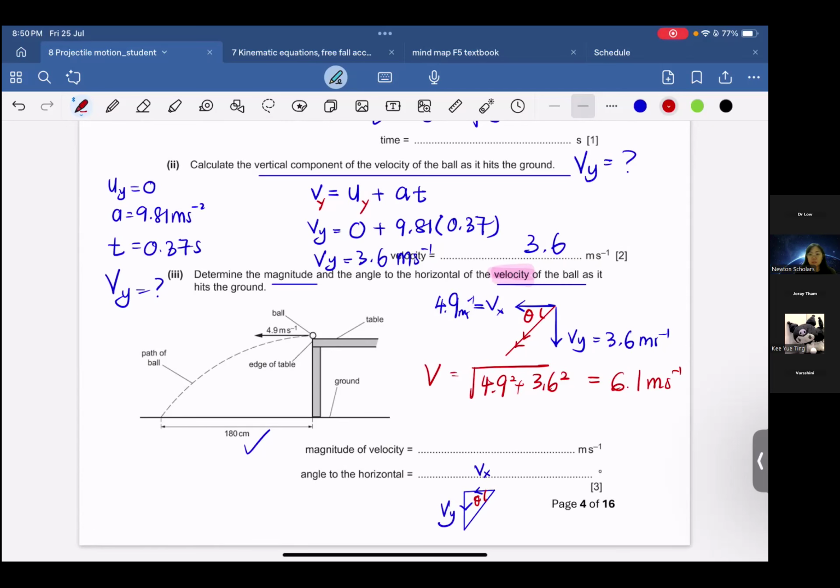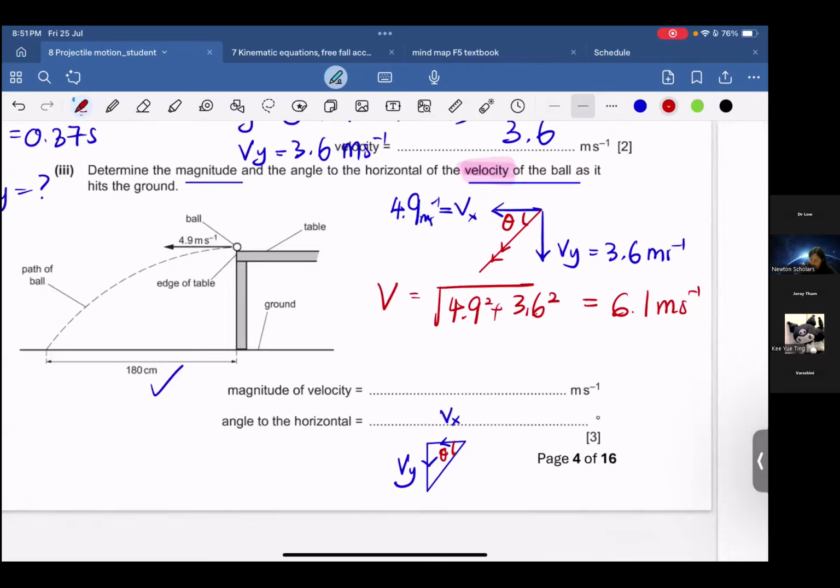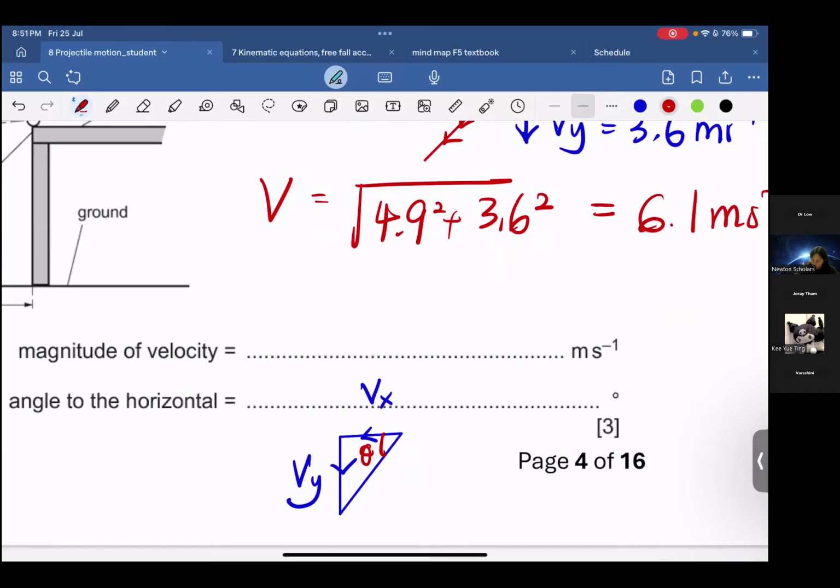Joray, 36 degrees, yes. Let me check: inverse tangent of 3.6 divided by 4.9. My answer is 36.3. Yes, 36.3.